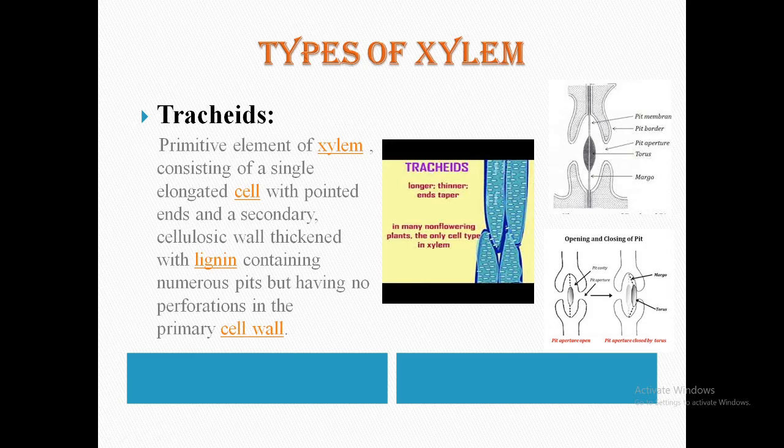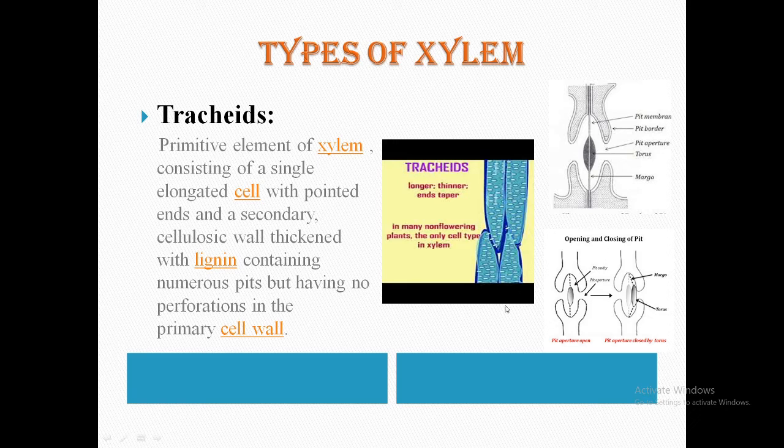Under certain circumstances, the margo moves towards one or the other pit aperture, closing the aperture, and the same happens with the torus. In these conditions, water does not move from one direction to the other. So this is about the pit.